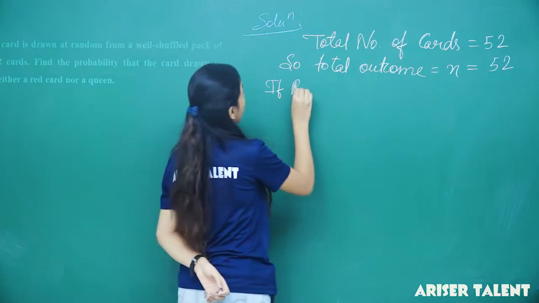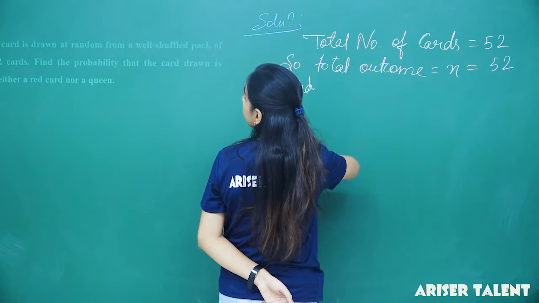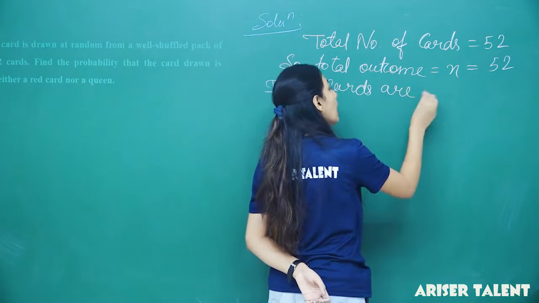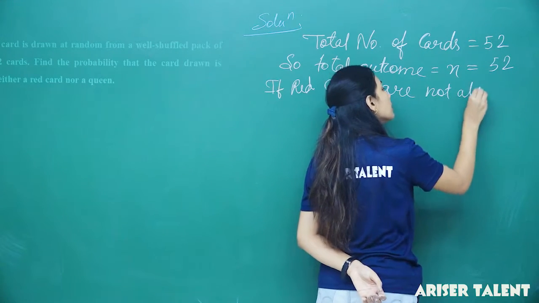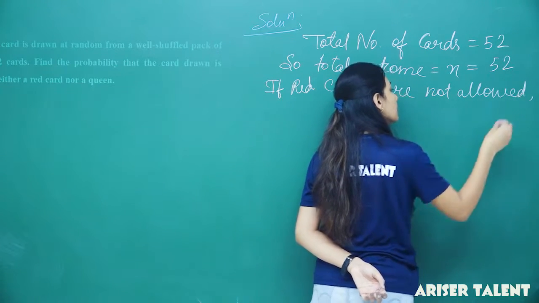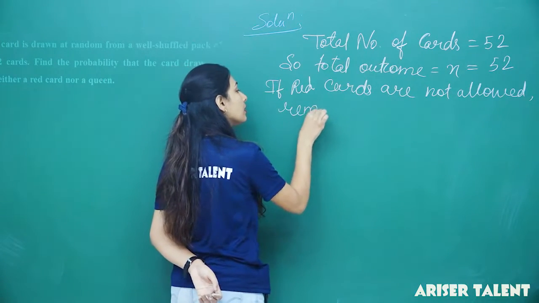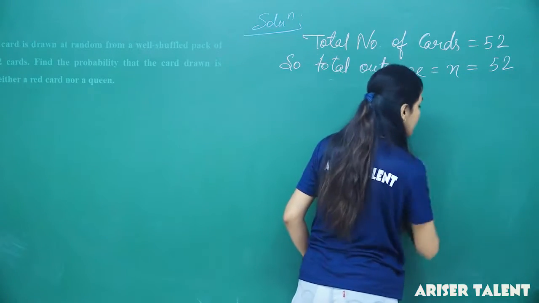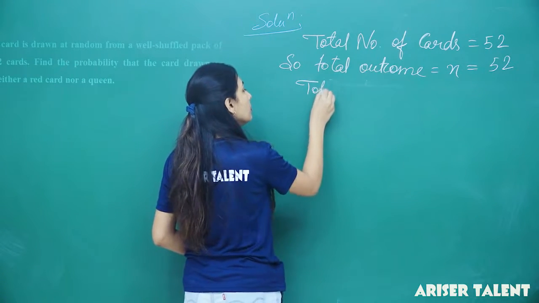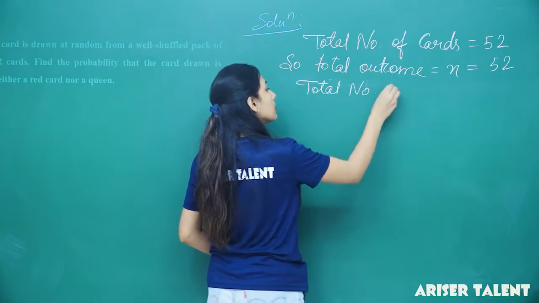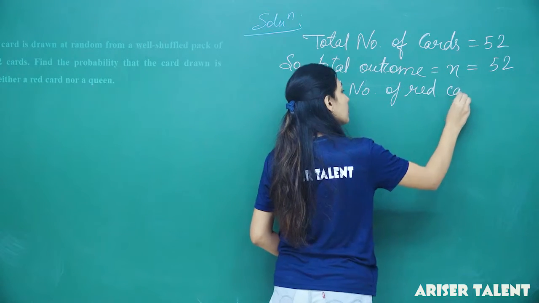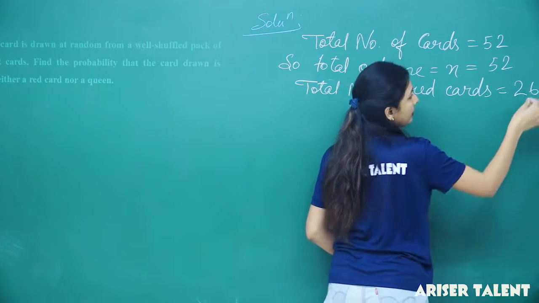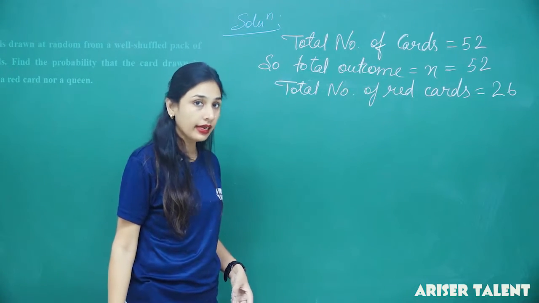If red cards are removed, or not allowed, the remaining cards will be... or you can say the total number of red cards is equal to 26, right?